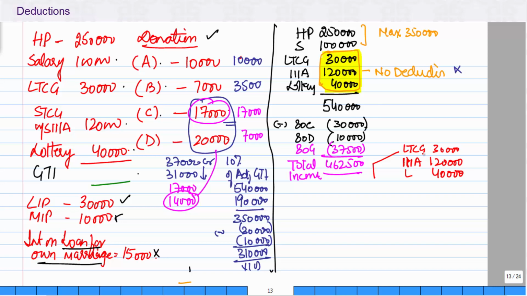The balance, remember, is my normal income. So 120 plus 30 plus 40 minus 4,62,500 is 2,72,500.